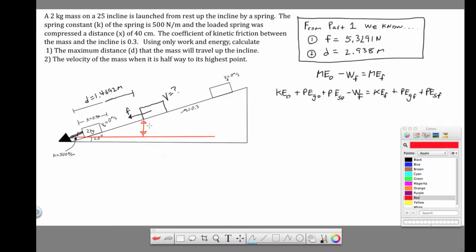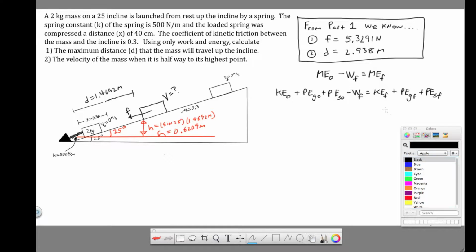So we can solve for what h is. This angle here is 25 degrees. The hypotenuse is 1.4692. So h is going to be sine 25 times 1.4692 meters, which gives us an h equal to 0.6209, which we'll be using shortly.